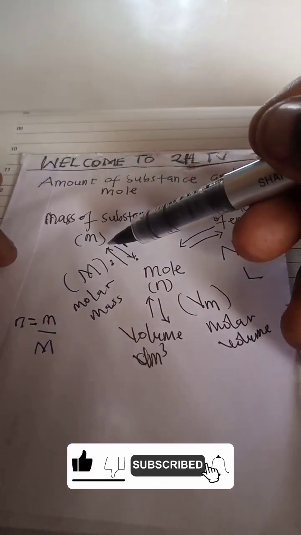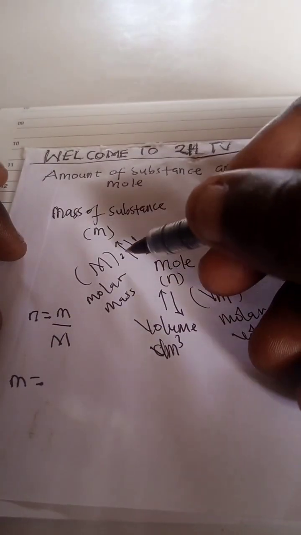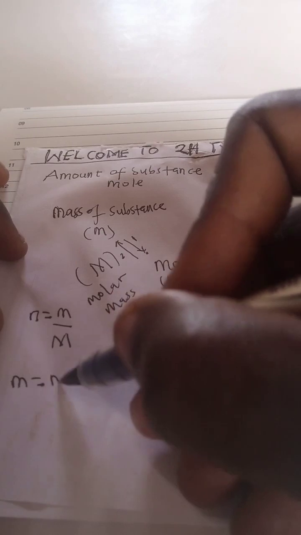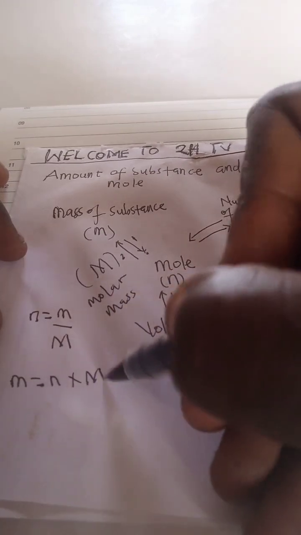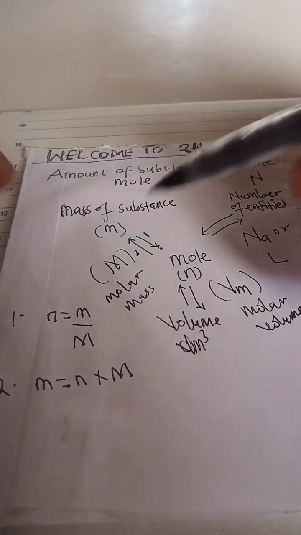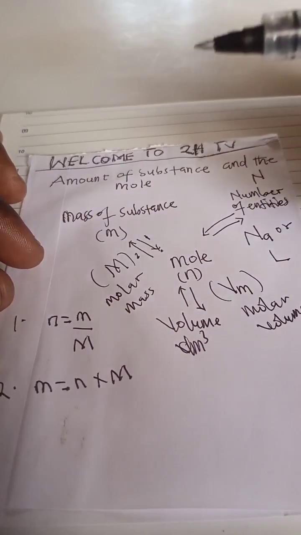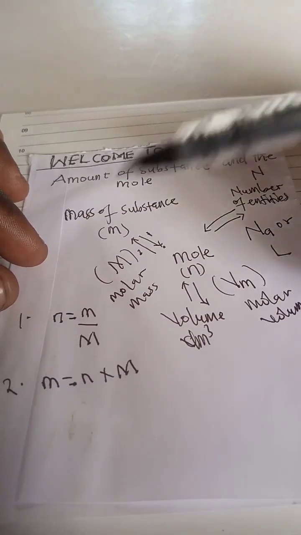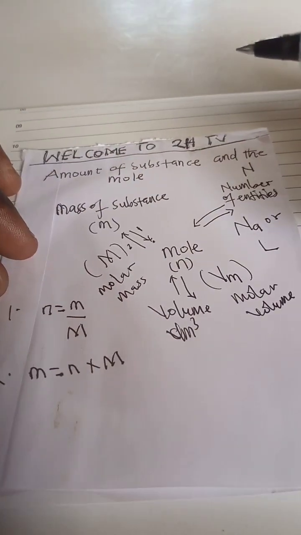It means that the mass now is equal to the mole, which you know, times the molar mass. So this is the first formula and the second. When you manage to know the first, the second is just about change of subject.